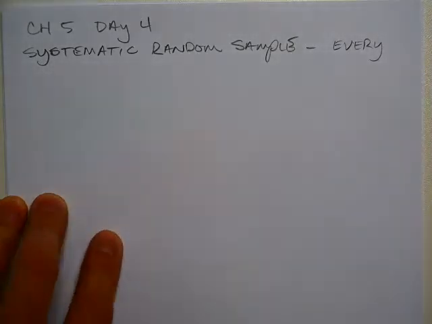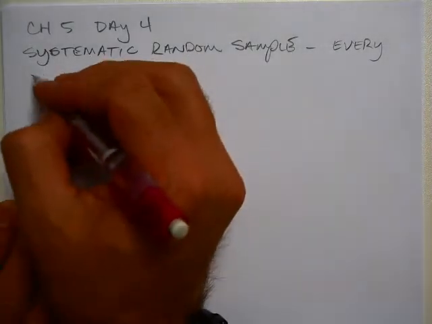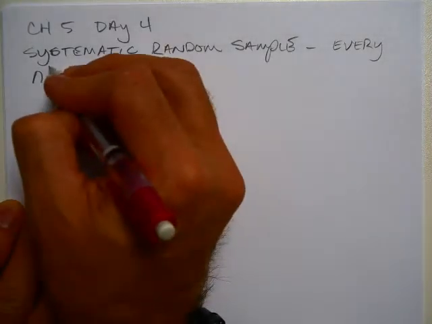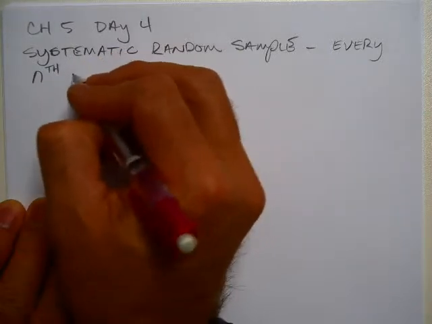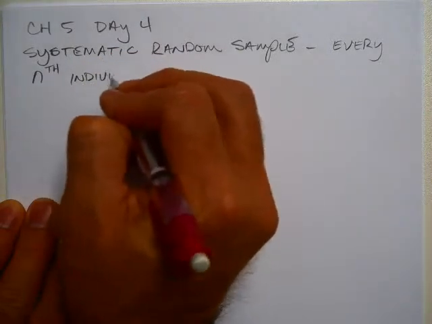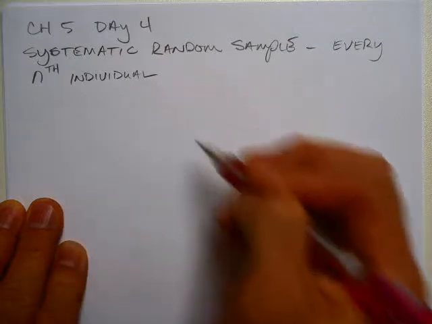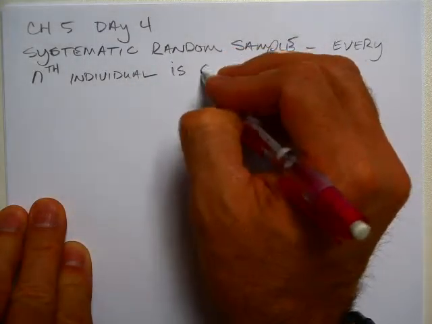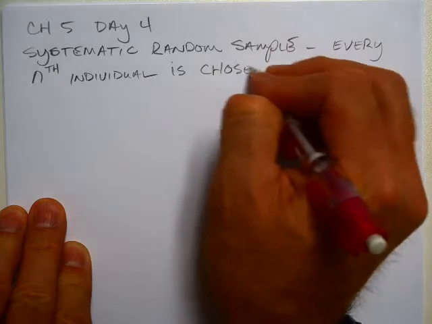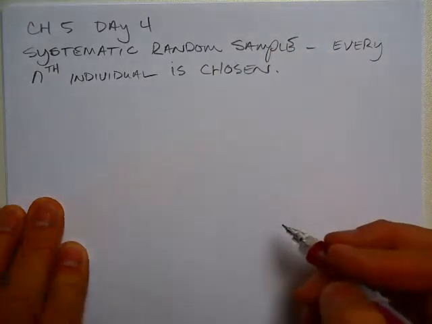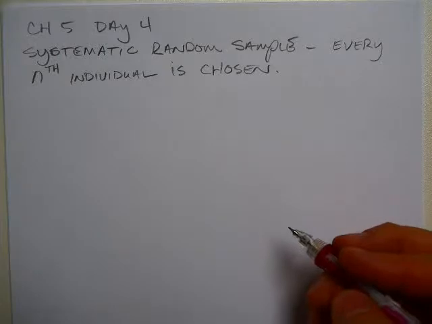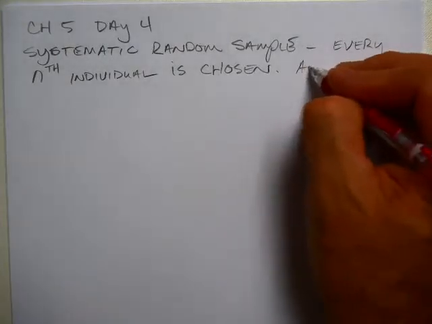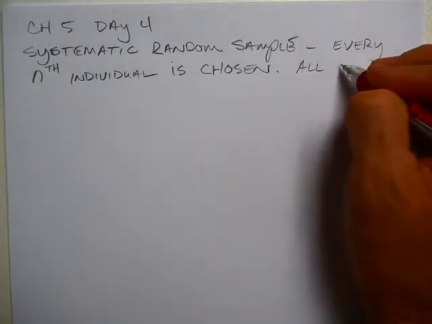In a systematic random sample, every nth individual is chosen for a survey, or is just chosen. All individuals have an equal chance of being chosen.